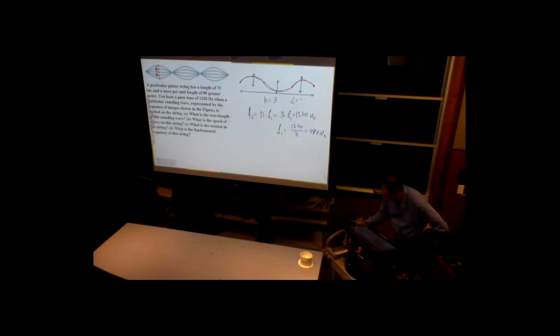So that's the length of the whole string. So the wavelength, which is this, will be equal to what? Well, the fastest way, just do this. 75, if we divide by 3, we get a half, and then times 2, we get the whole wavelength. So 50 centimeters, right? Or half of a meter.